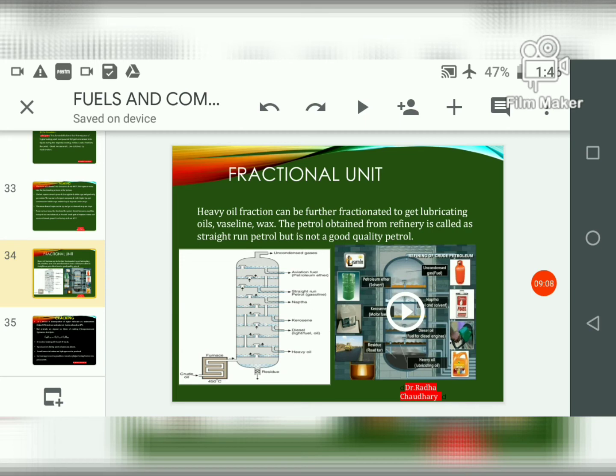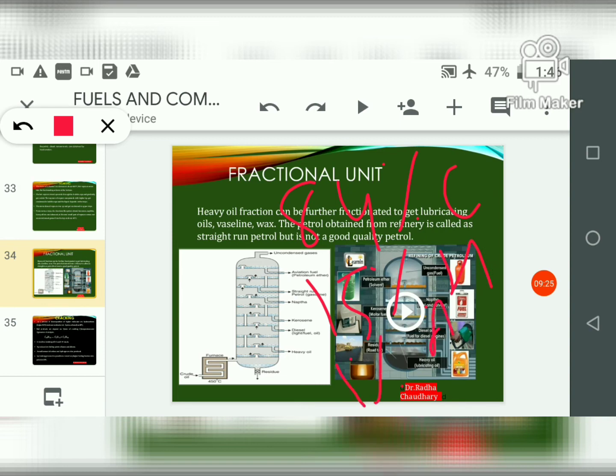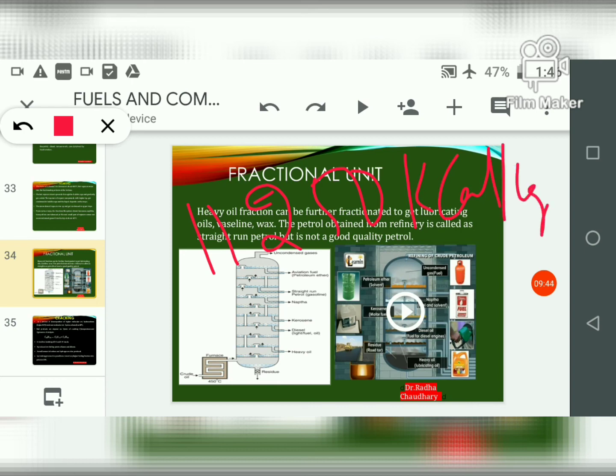It has 84% carbon, 15% hydrogen and 1% of sulfur, nitrogen and oxygen, and its calorific value is 11250 kilocalorie per kg, which shows the efficiency of petrol.